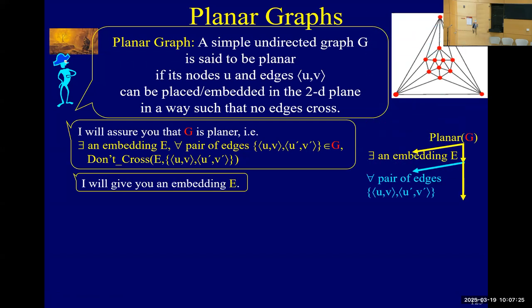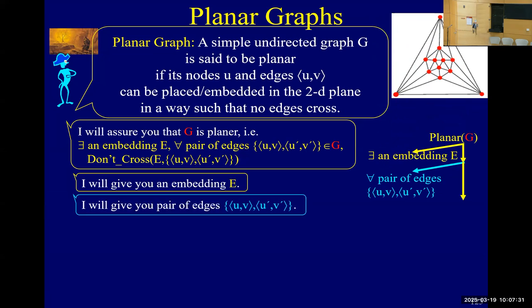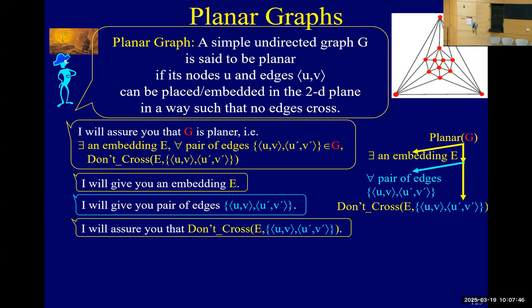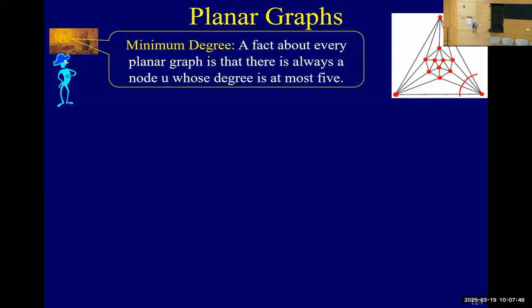And then I give her an edge, and she gives me a pair of edges. Sorry, it's not a pair of nodes. She gives me a pair of edges, and she assures me that those edges don't cross. Right? Does that make sense? All right.